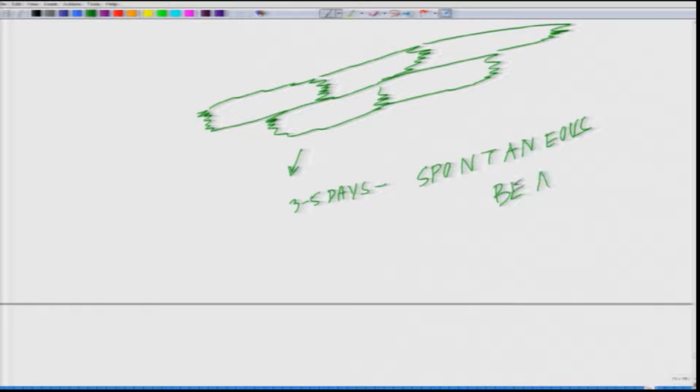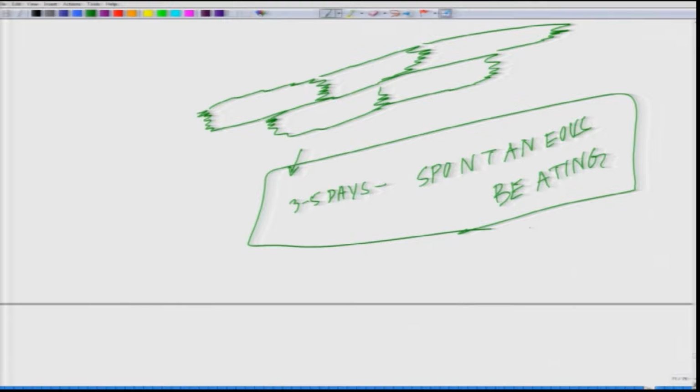It does not need any additional features. Now, when they are spontaneously beating, first of all, as I mentioned in the previous class, the morphology should match, then spontaneous beating.